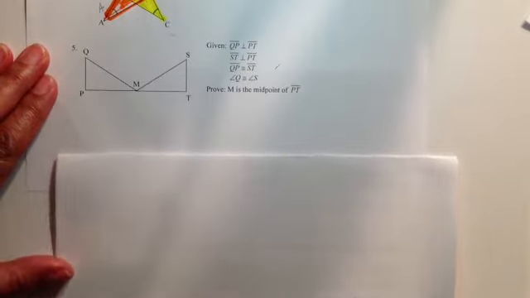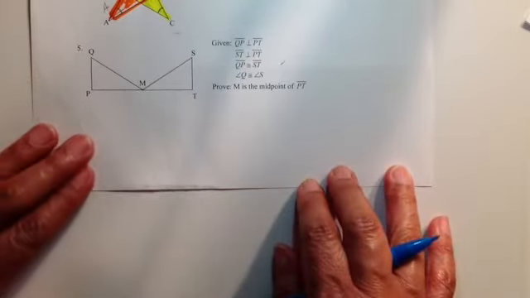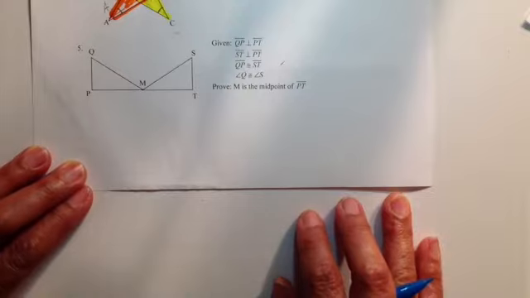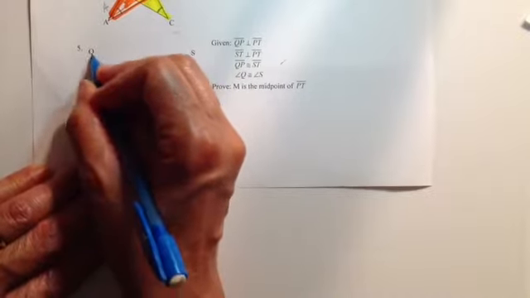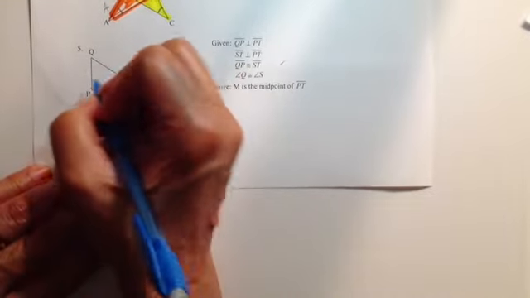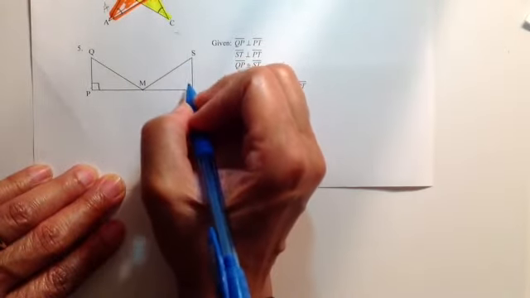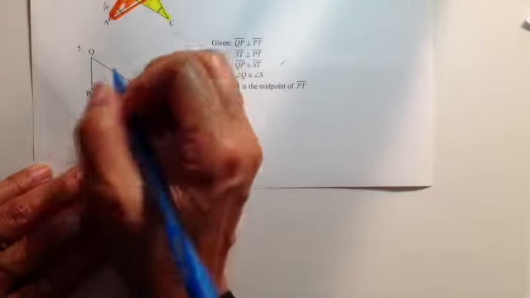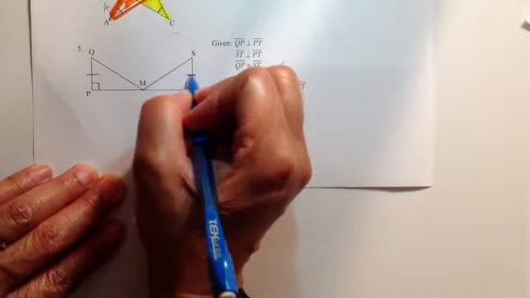So let's look at the problem. We actually have pretty good room on this paper at the bottom to make this proof. So first, let's start out with what's given to us. We've got QP is perpendicular to PD, and ST is perpendicular to PT. And then it says QP and ST are congruent.